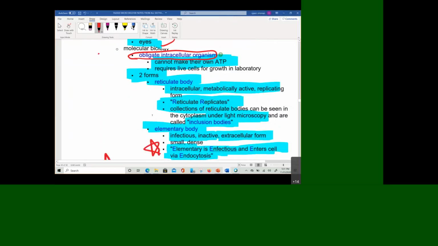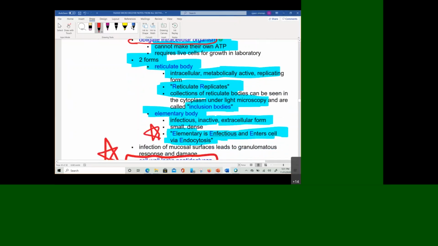There are two forms of the bacteria chlamydia: the reticulate body and the elementary body. The reticulate body is the intracellular, metabolically active, and replicating form. Remember, R means replicates.